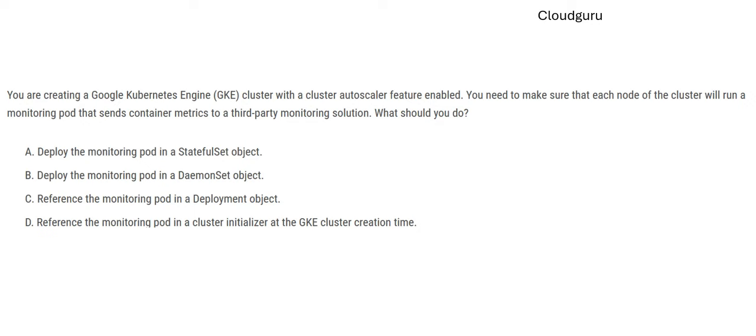Okay, you are creating a GKE, Kubernetes Engine cluster, with the cluster autoscaler feature enabled. That means if the load increases, autoscaling will happen. Now you need to make sure each node of the cluster will run a monitoring pod, which sends the monitoring metrics to a third-party monitoring solution.